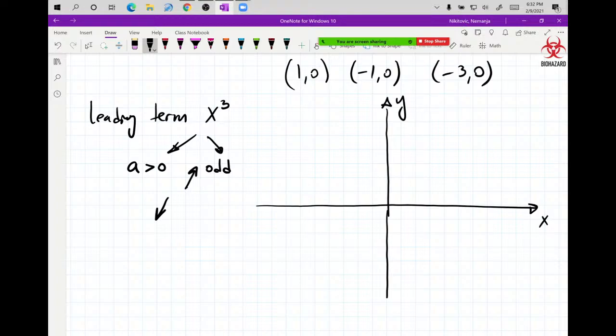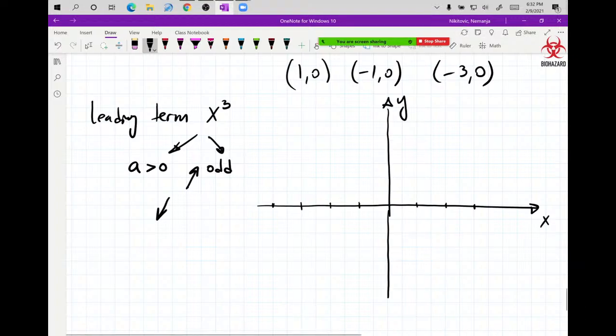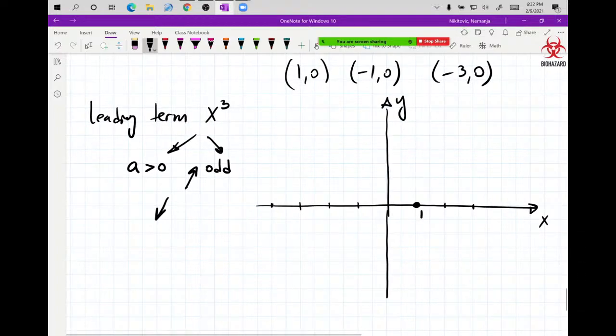All right, let's go 2 units as 1 unit. First rule of engineering, draw big. So what do I have? I have 1, 0. That's this puppy here at 1. I have negative 1, 0. That's this puppy here at negative 1. And negative 3, 0.